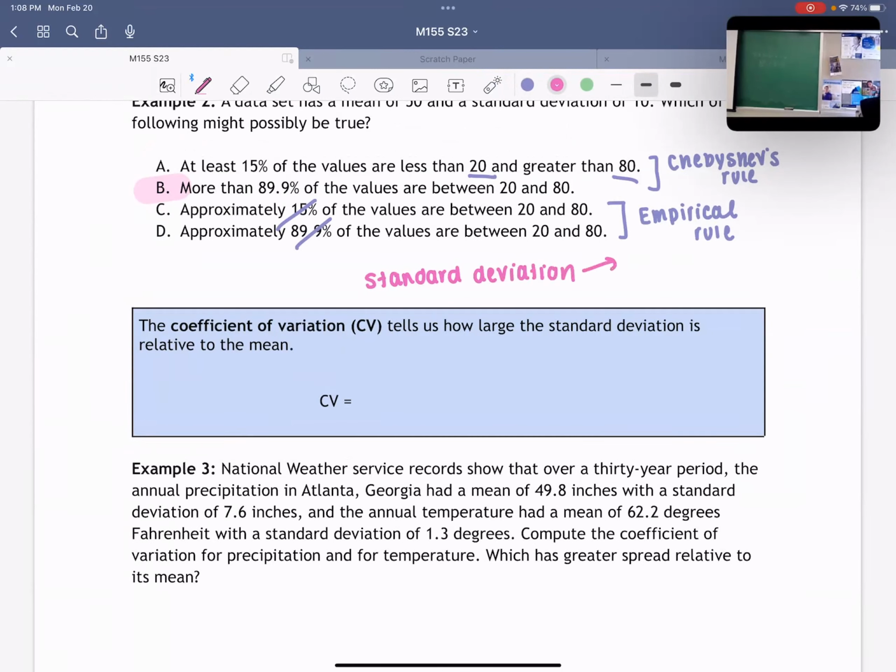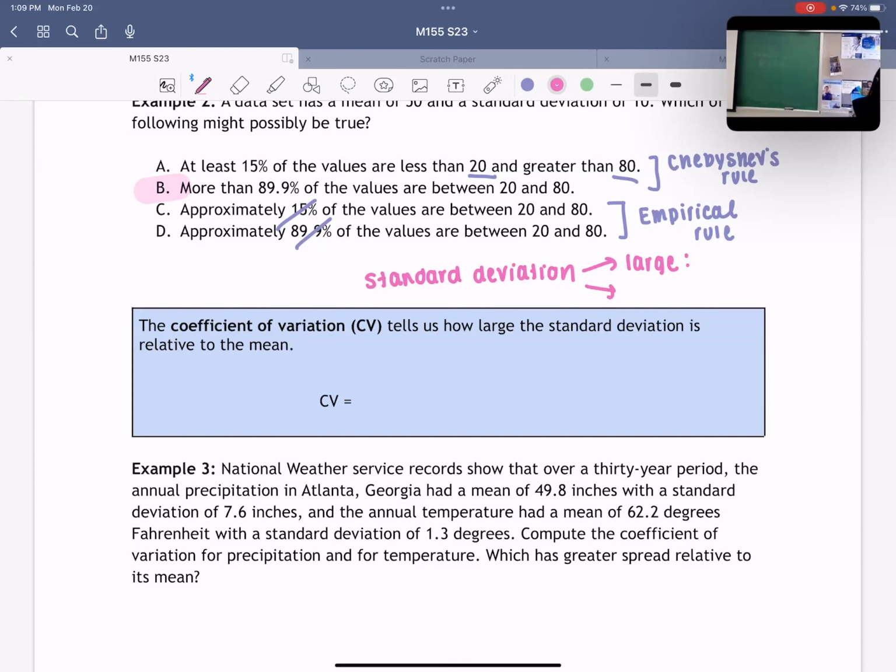Okay, so let's say you found the standard deviation and it was a really big number. So it was very large. Okay. Would that mean the data is more spread out or really close together? Any ideas? If the standard deviation is really large, it actually means that the data is really spread out.